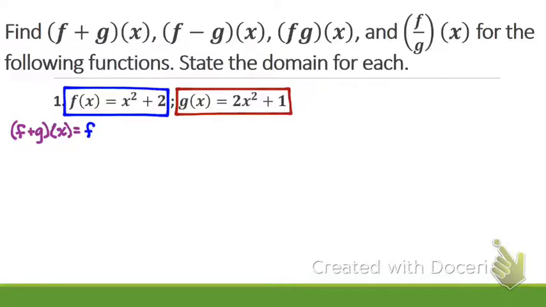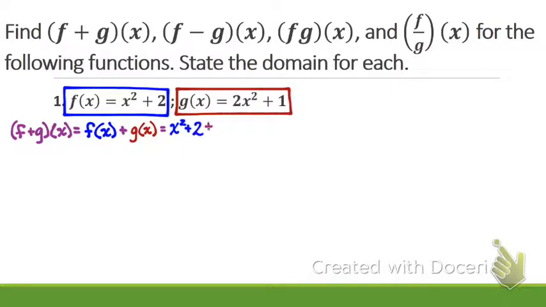So for the sum, I'm going to take my function f of x, and I'm going to add that to my function g of x. My function f of x is what? X squared plus 2.